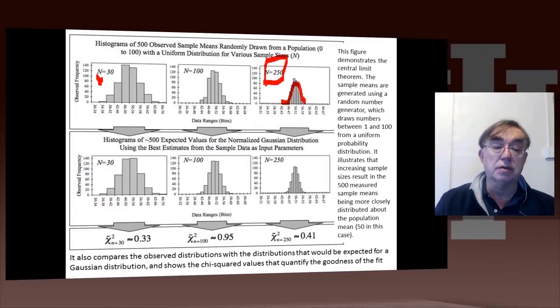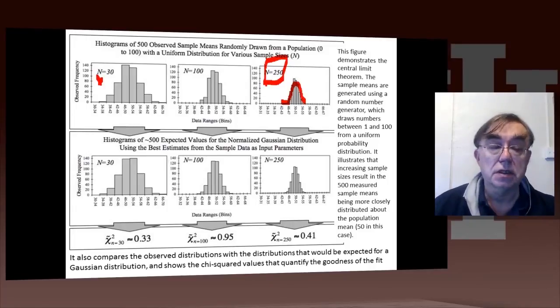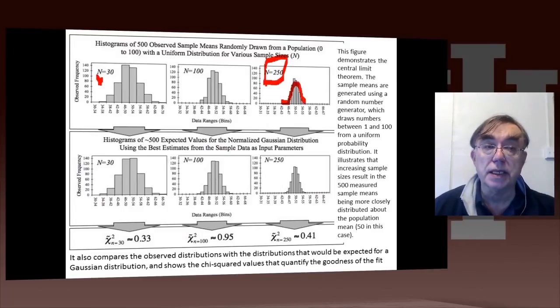Here is the equivalent of our red curve, the normal distribution for this example. And there's some measure of quality called chi-squared, which is good if it's less than 1, and these all have good chi-squareds. So this says, again, when you do something many times and you add things up, you will get Gaussian distributions.